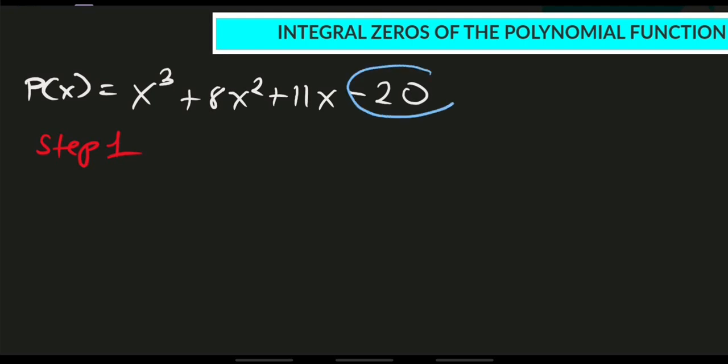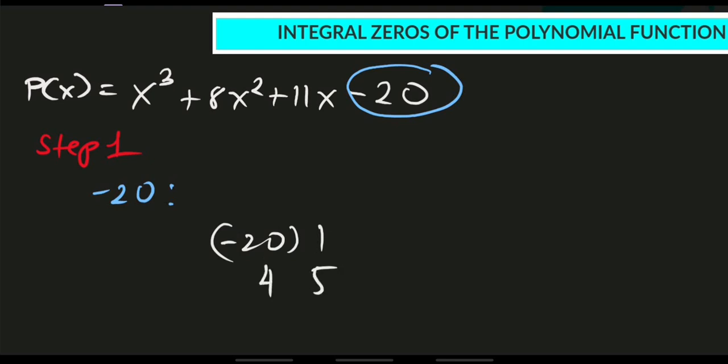Since we have this negative 20 as our constant, let's use negative 20. Right? And let's try to identify its possible factors. So the factors of negative 20 is actually negative 20 times 1, or vice versa, okay, for its sign. We also have 4 times 5, also have 10 times 2, right? So 10 times 2 is 20, 4 times 5 is 20, 20 times 1 is 20.